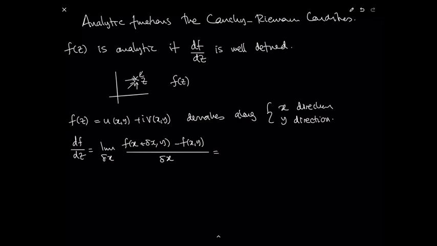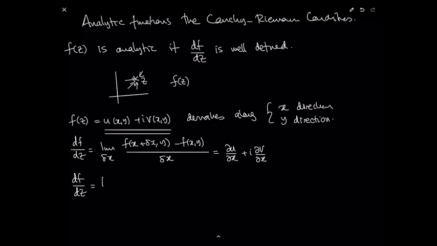But now we can replace our definition of f in terms of u and v, and if we plug it in, what do we get? We get the partial derivative of u with regards to x plus i, the partial derivative of v with regards to x.